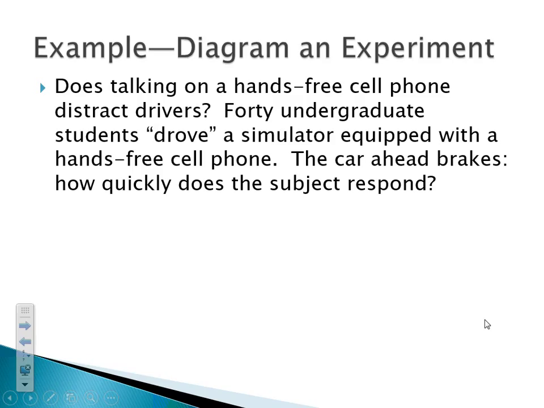And again, what we're going to randomly assign is the order in which a subject receives those treatments. And the reason for this is if I don't randomize, the order could be a lurking variable. Right? If the first time I have you go through and you're not using the device, and then the car breaks, well, now you've kind of experienced this experiment a little bit, so you have an idea of what to expect.